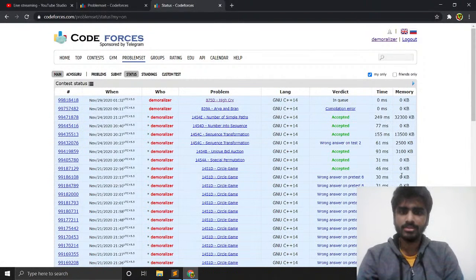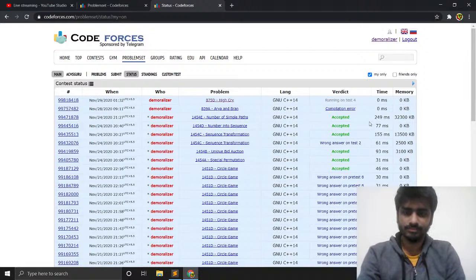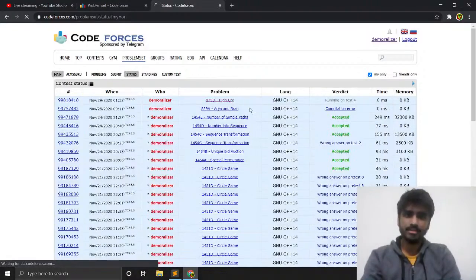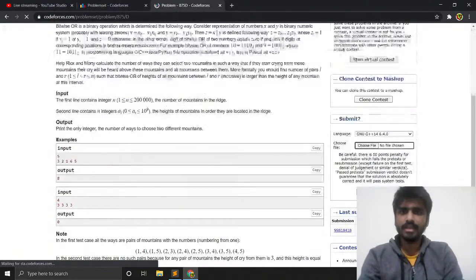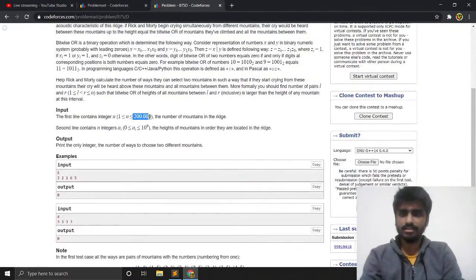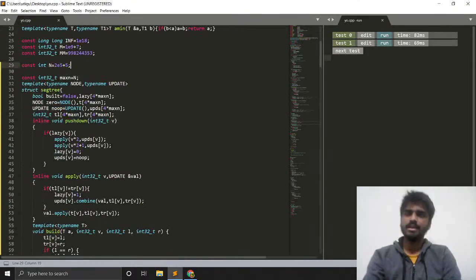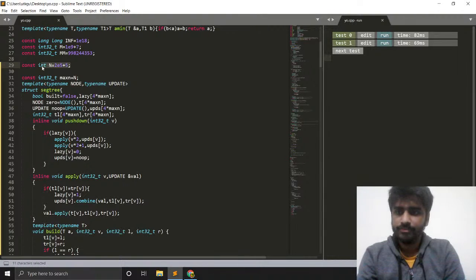I don't think there should be a problem with this, although there can be, but I hope there isn't. Hmm, runtime error. Okay, I think I took the range wrong. This is 2 into 10 to the power 5. I think I took 1 into 10 to the power 5. No, I took 2 into 10 to the power 5.